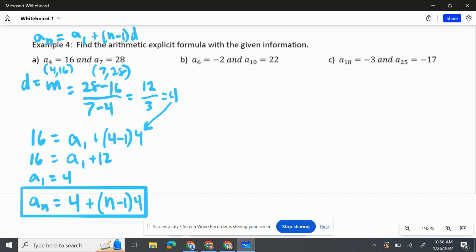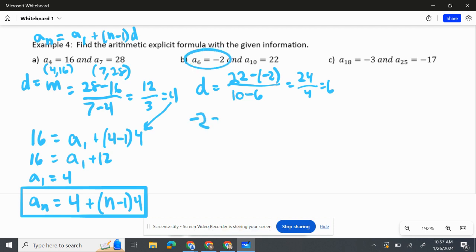So let's look at the next one. I'm going to find the common difference, and I'm going to use the slope form. 22 minus negative 2 over 10 minus 6. That would be 24 over 4, which is 6. I'm going to use this point right here, negative 2 equals. I'm trying to find my first term.